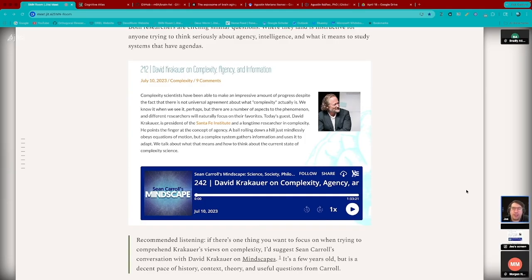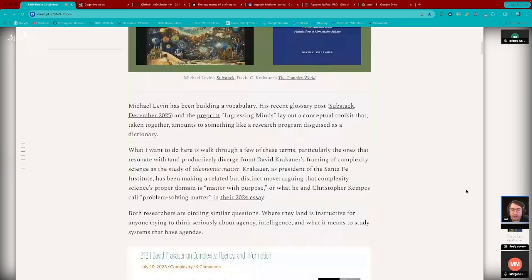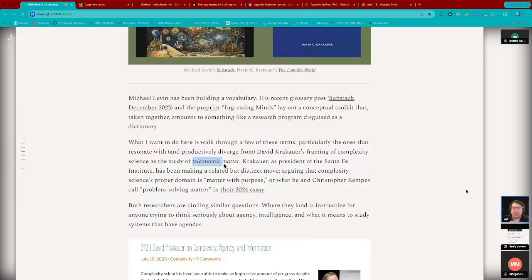And largely that's around his take on teleonomic matter, which in a very rough and ready sense is matter that encodes something about the environment, and so has a decision-making or choice or selection process.